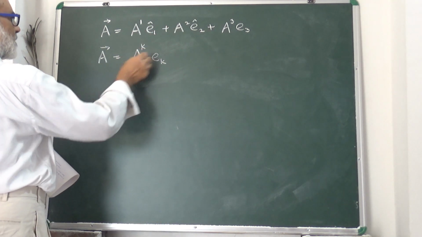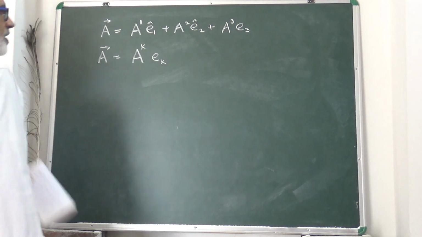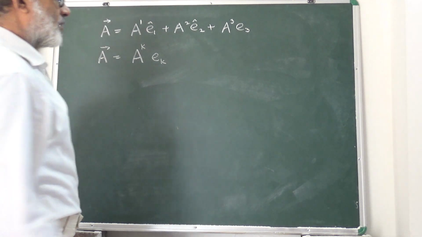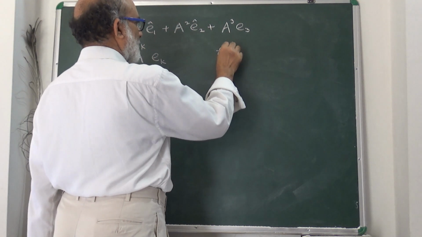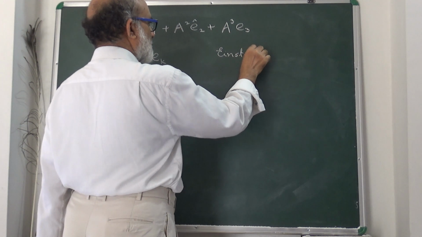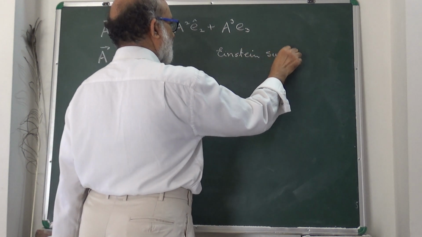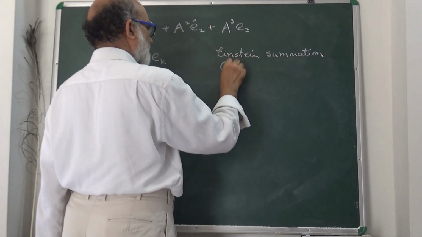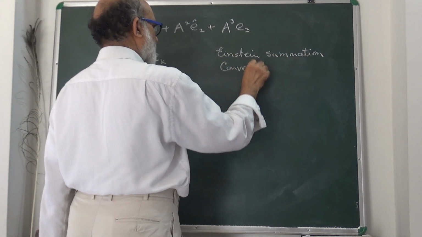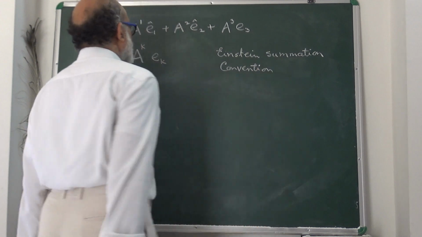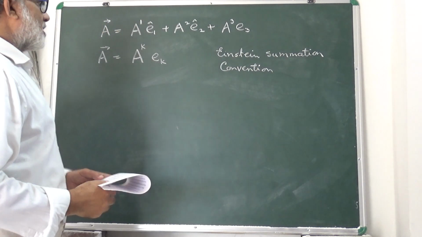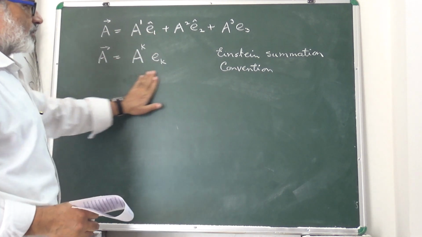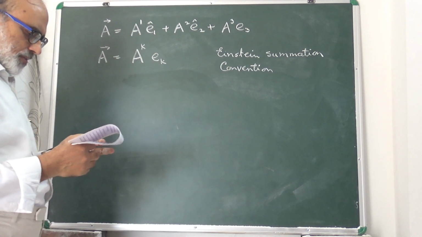I am not using the summation sign here because we know that repeated indices are summed over. This is called Einstein's summation convention: wherever the indices are repeated, it means they are summed over.